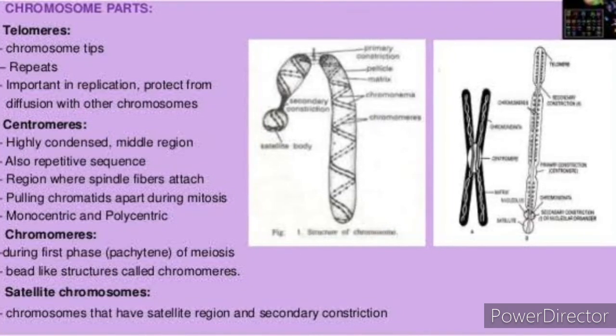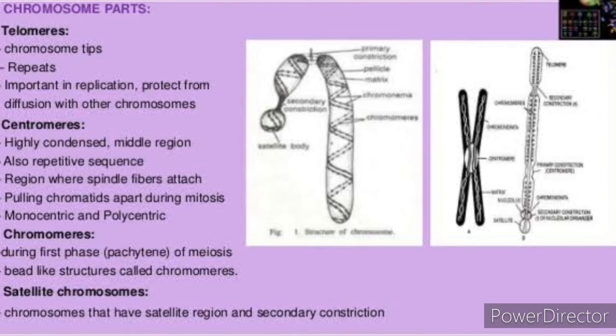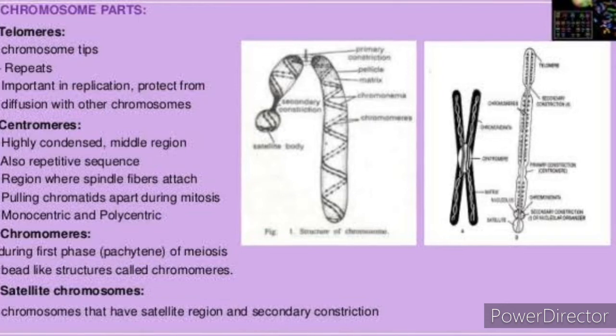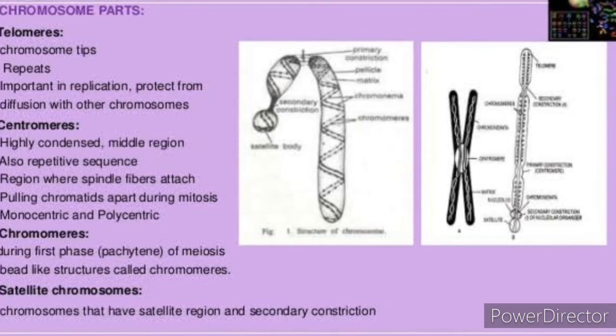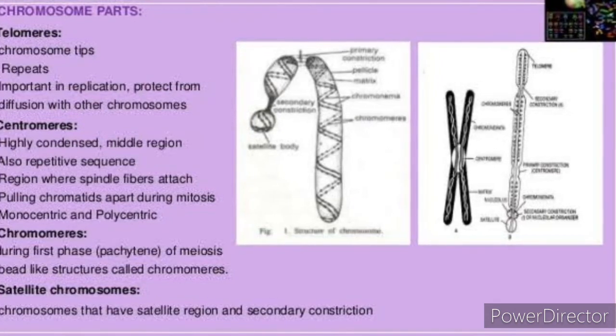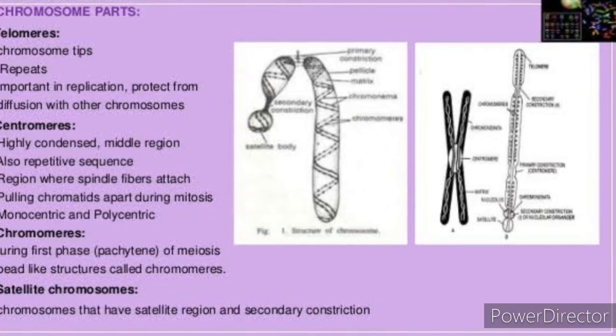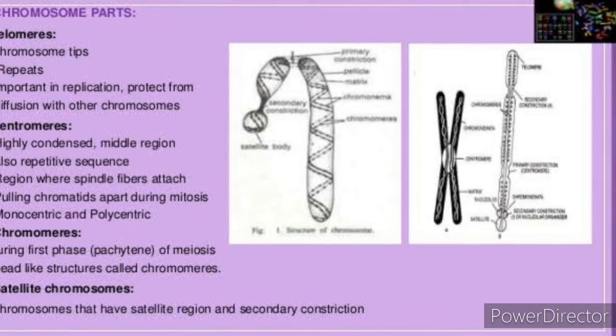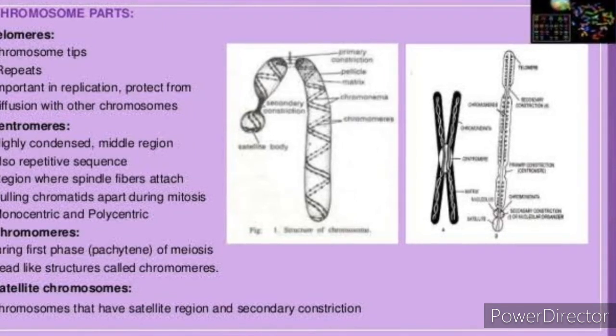Telomere is present at one end. It maintains and provides stability to the chromosomes. Satellite is a knob-like structure. If a satellite is present, that chromosome is called a SAT chromosome.